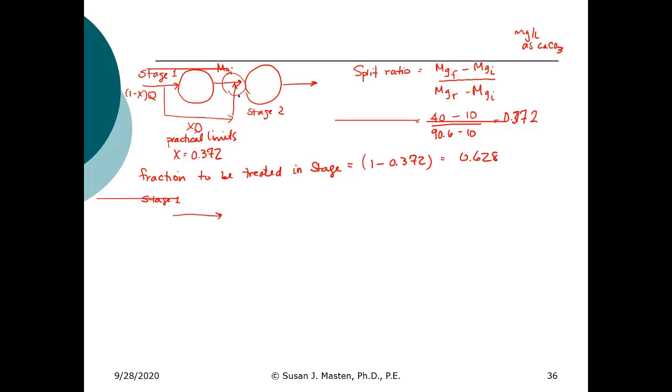So the hardness concentration from stage 1 would be what? Treating to practical limits, this is going to be 40 milligrams per liter as calcium carbonate. And we have 0.628 Q. The concentration of hardness in the raw water, this was given, is 328.6 milligrams per liter as calcium carbonate.